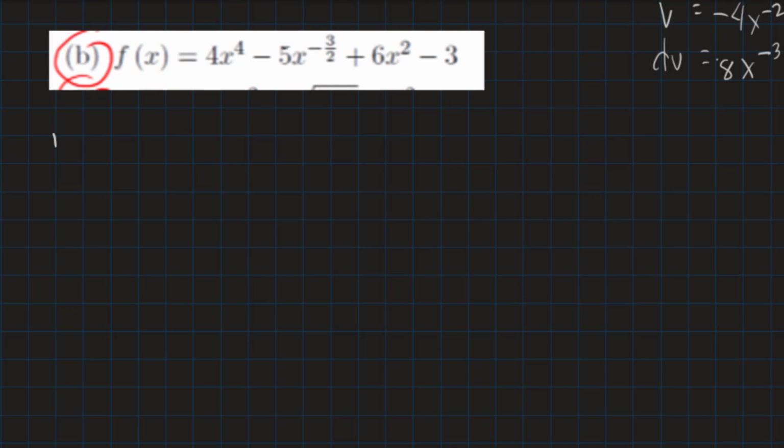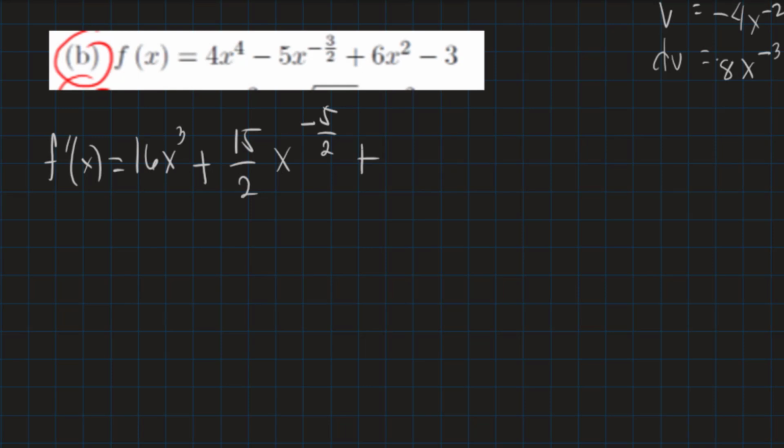So again, our f prime of x is equal to, apply natin yung power rule, tsaka yung sum and difference, at tsaka yung constant multiple theorem. So this will become 16x cubed minus 5 times negative 3 over 2, ay magiging positive 15 over 2. And then, x raised to, yung negative 3 over 2, magma-minus 1 ka doon. So, negative 3 over 2 minus 1, magiging negative 5 over 2.